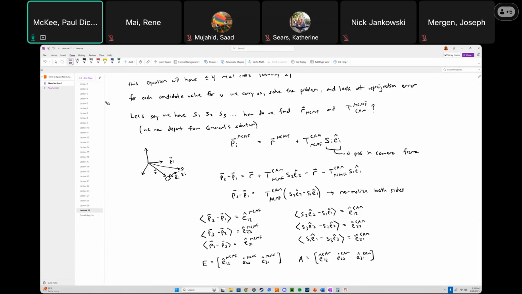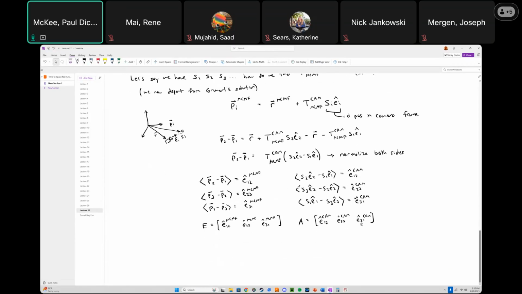And you see that basically we're left with Wahba's problem, where we're only considering the vectors between points, not the vectors from the observer to the different points. But we can build the attitude profile matrix. B is A E transpose. And then we do singular value decomposition.